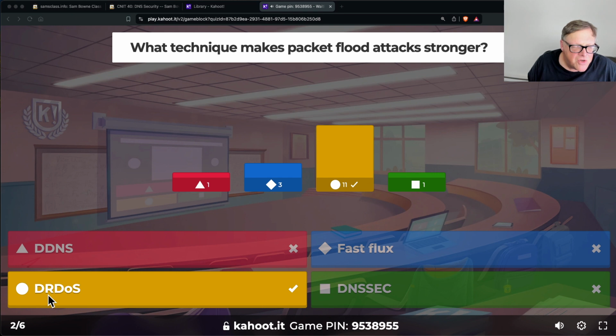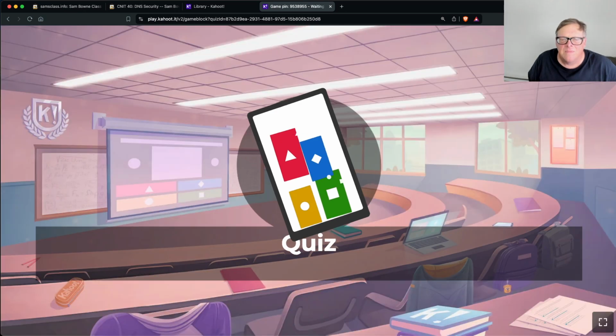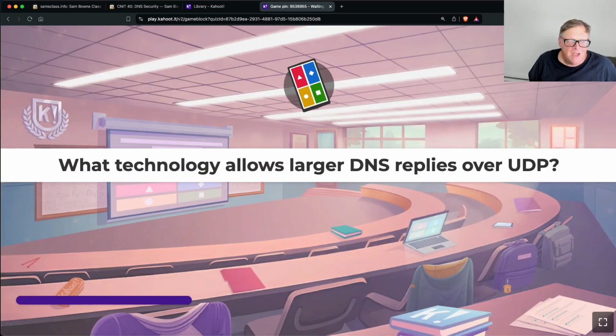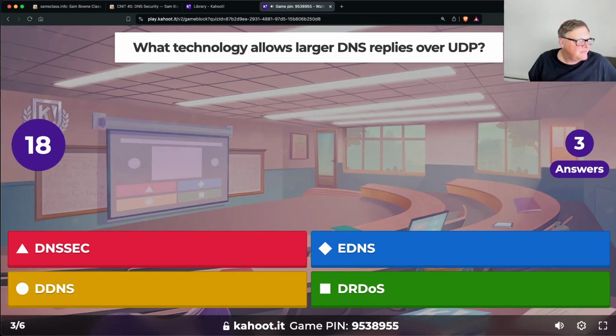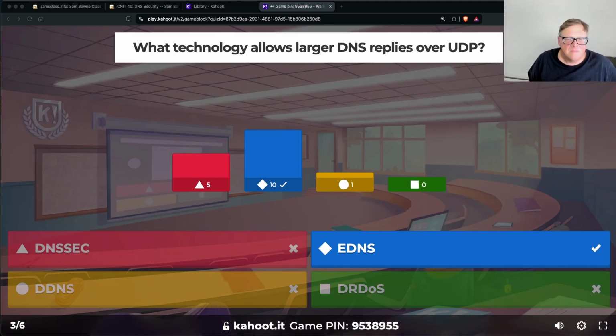Distributed reflected denial of service. That's what it is, packet amplification. Very good. What technology allows larger DNS over UDP? That's extended DNS, which I'm pretty sure is what I'm using right here on this Mac.